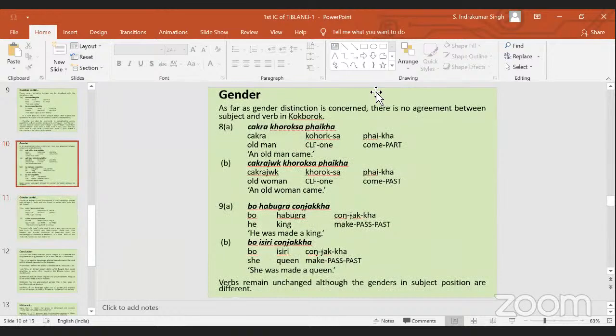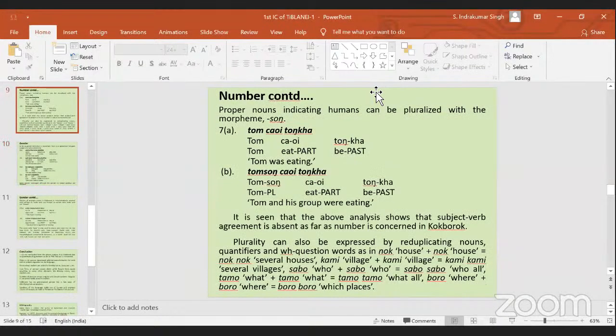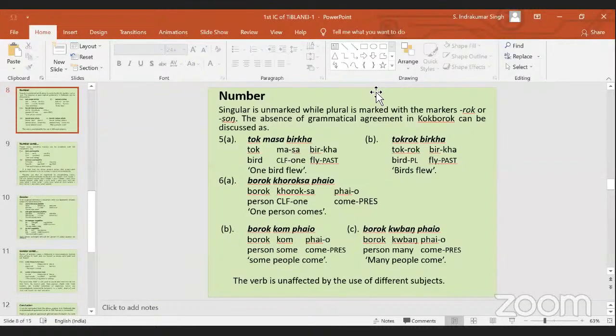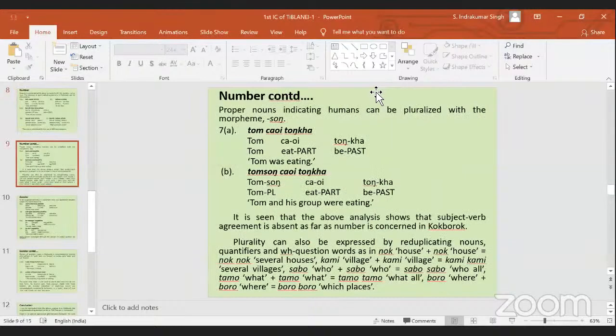I is a first person pronominal marker, ma'am. So is that some kind of agreement? No, ma'am. If I may comment on that, this I is the generic possessive marker. There was another example where he had said that Amma is my mother by itself.